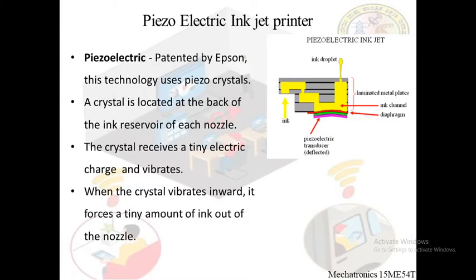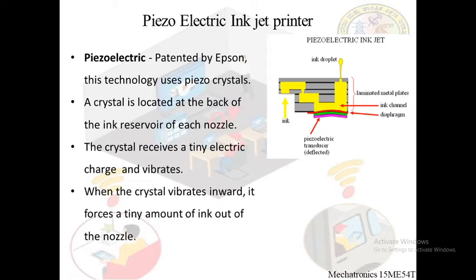There are various concepts with which the fluid is ejected from the nozzle onto the substrate or the paper. In order to push the fluid out from the nozzle onto the paper, a higher degree of control is necessary. The control is obtained by various technologies, such as heating the ink, called the thermal inkjet printer or bubble type printer.